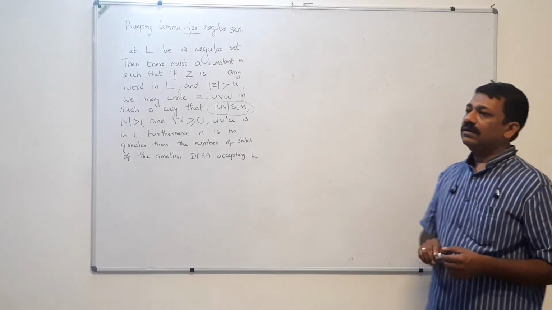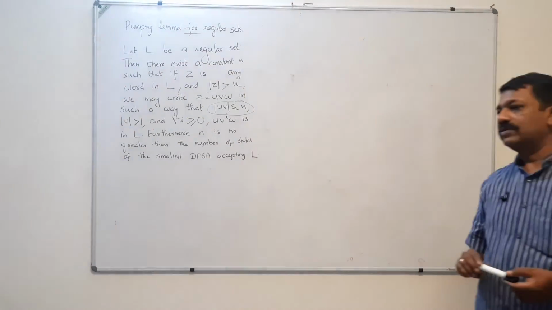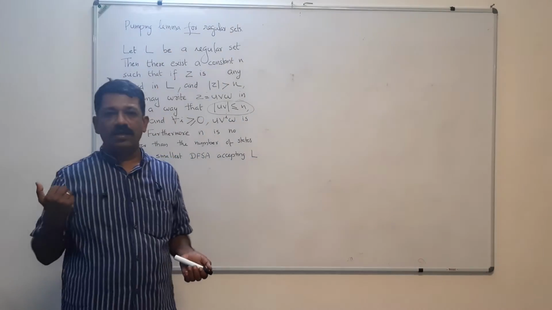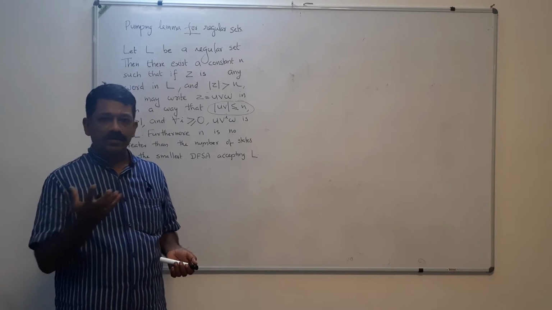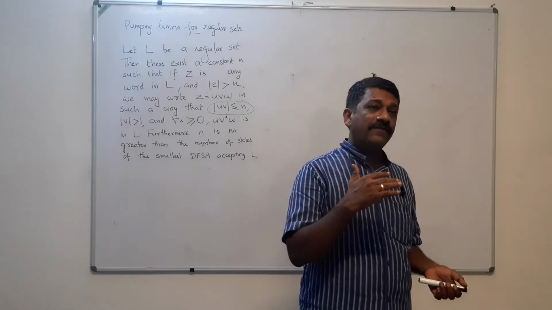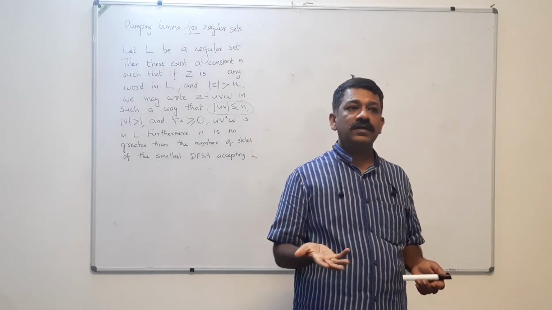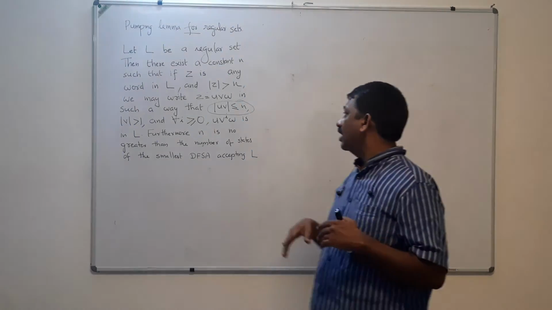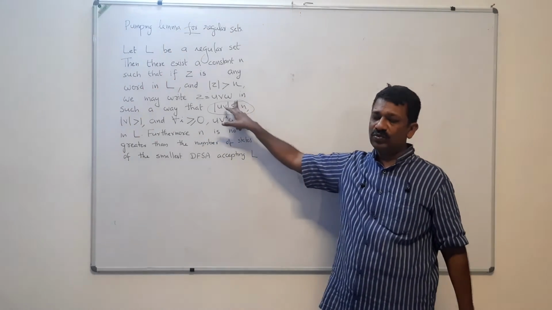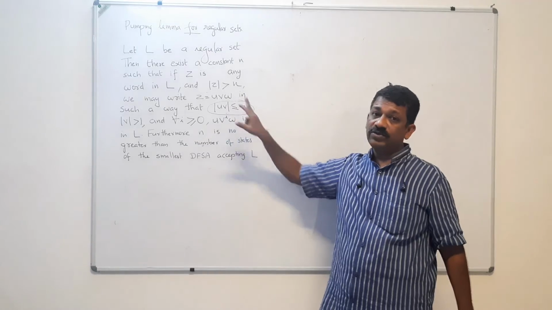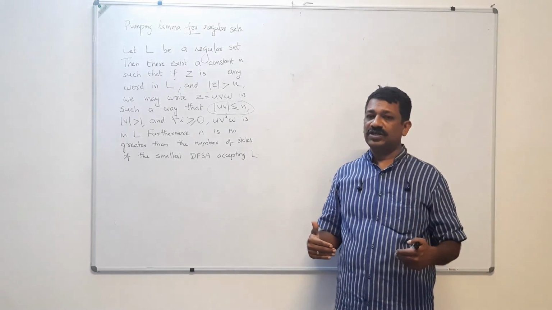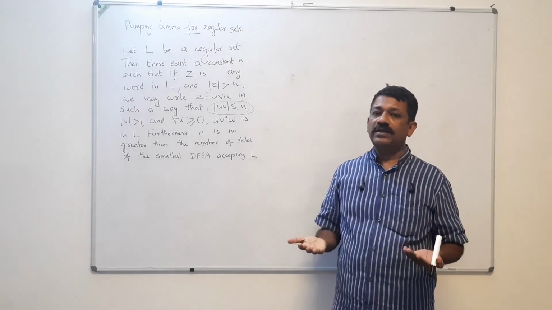To prove that a language is not regular, first we choose a valid string from that set, and then we show that we are not able to write it in the form Z equals UVW.